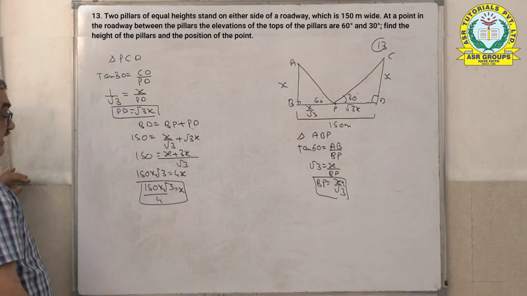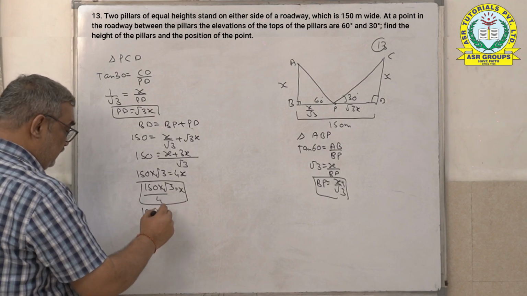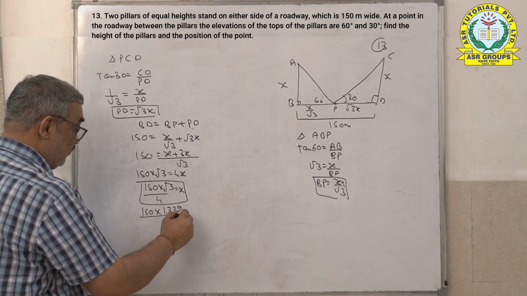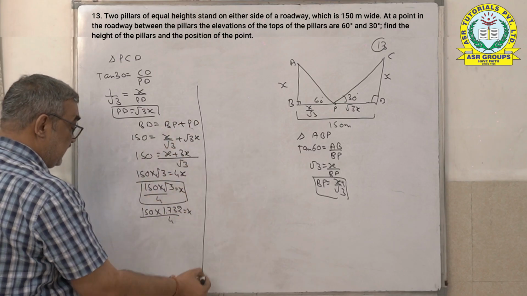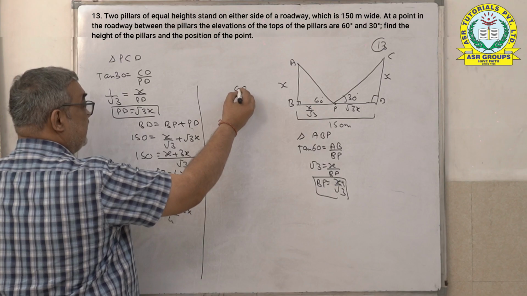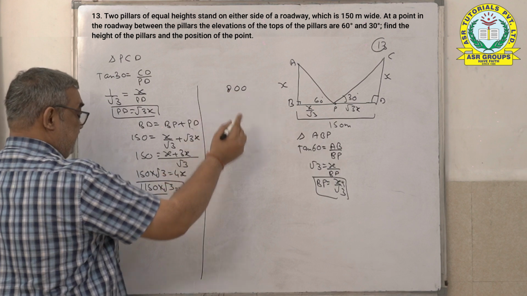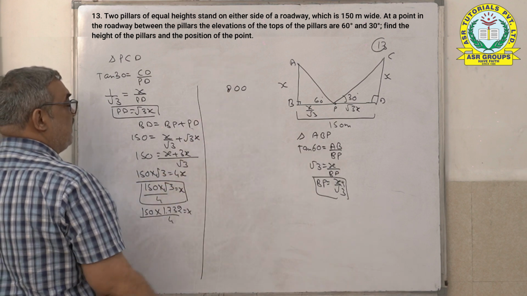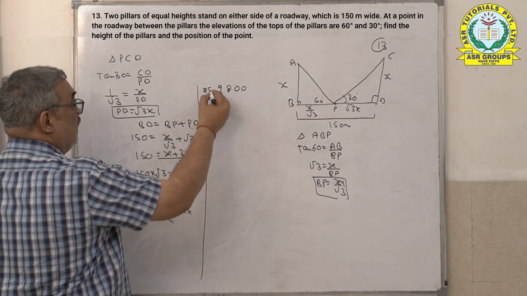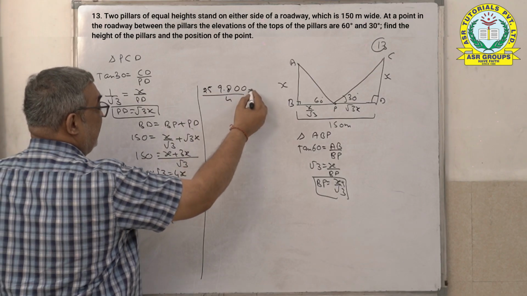Now we'll calculate 150 into 1.732 upon 4. Multiply: 15 2s are 30, 15 3s are 45 plus 3 is 48, 15 7s are 105 plus 4, 109. 259.8 upon 4 is my x.